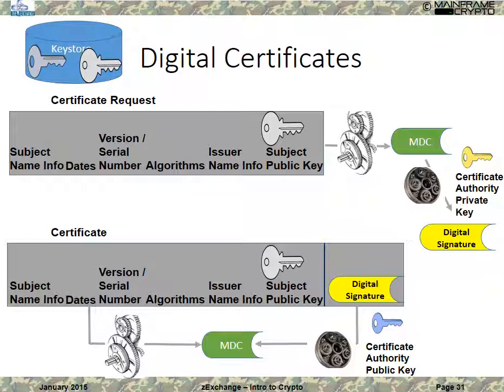In the RACF world, you have to go in and flip a bit to say, I trust this certificate, I want to be able to use this certificate. But they are built into systems, whether they be browsers or the RACF or Top Secret or ACF2 environment. So you have access to the public key so you can decrypt that digital signature that the CA has provided as part of the digital certificate itself.